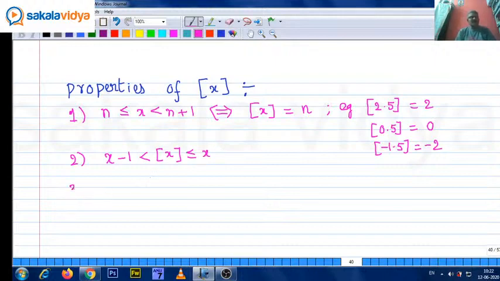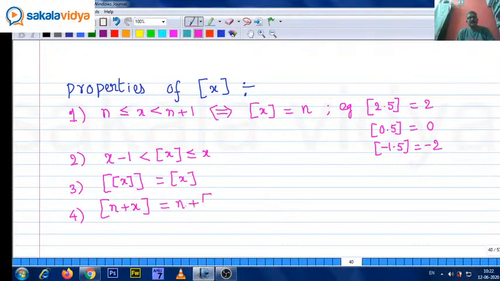Next, third one: the integral part of the integral part of x equals the integral part of x only. Next, fourth point: the integral part of n plus x equals n plus the integral part of x, where n belongs to integers.